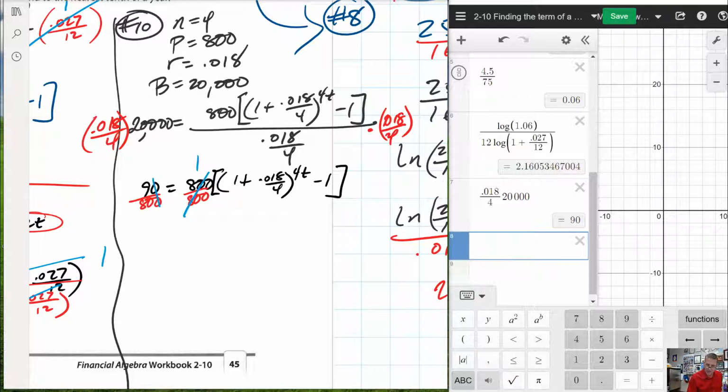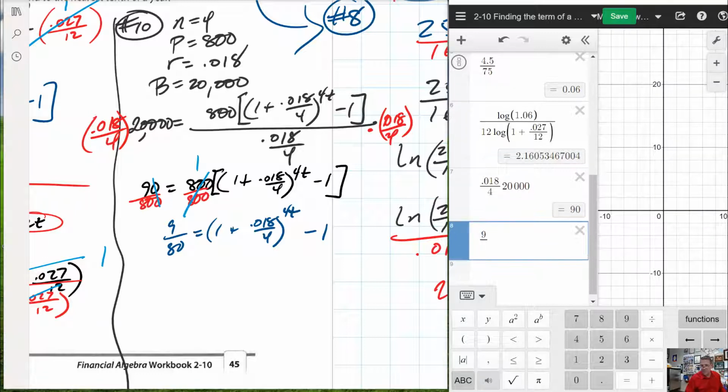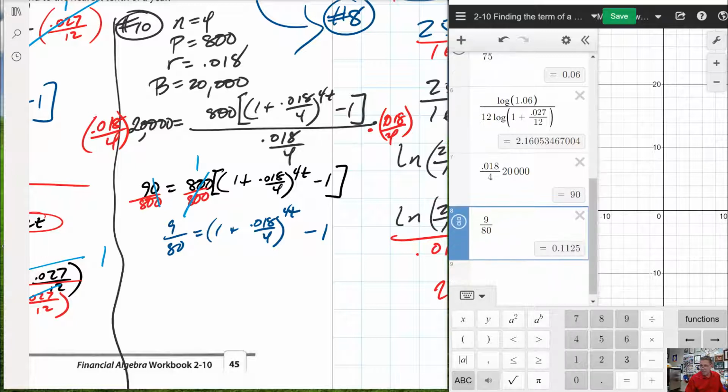So 9/80ths is equal to 1 plus 0.018 divided by 4 raised to the 4t power, minus 1. Now let's divide 9 by 80. I think this is a repeating decimal. No, it's not. It's 0.1125. So 0.1125 is equal to 1 plus 0.018 divided by 4 to the 4t power, minus 1.